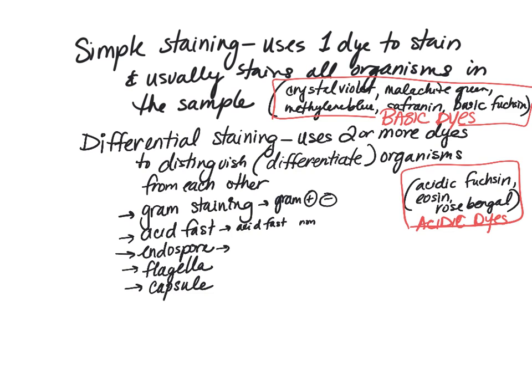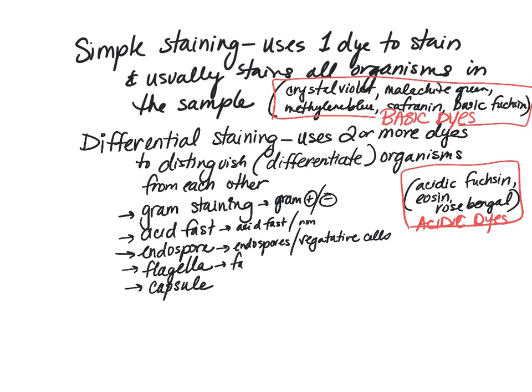In endospore staining, we're going to be able to stain the endospores and distinguish them from vegetative cells. Vegetative cells are those that are not producing endospores, just healthy, regular, everyday cells living their life being metabolically active.